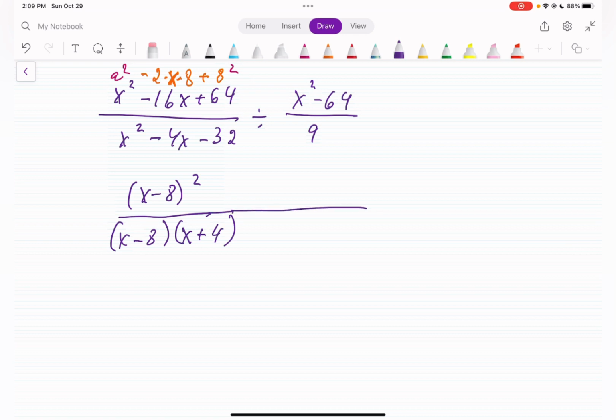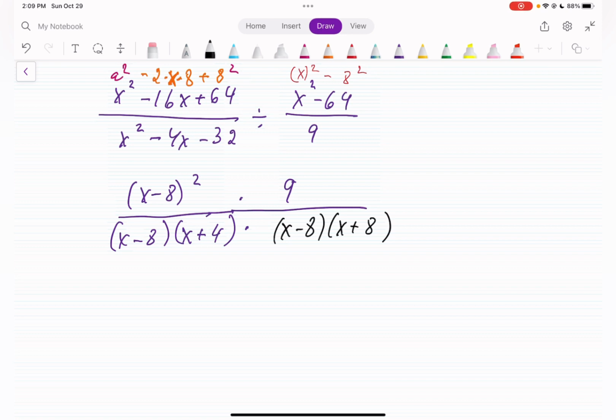Since we are doing division, I'm going to flip the fraction. 9 is coming here. X squared minus 64 is a squared minus b squared, meaning x to the power 2 minus 8 to the power 2, a plus b times a minus b, which is going to be x minus 8 times x plus 8. Well, let's see.